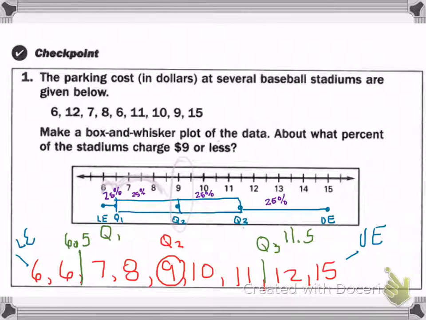Because that's what dividing into quarters will do. And I notice that I have 2 sections below the $9 mark. So that means the answer to my question is 50%.